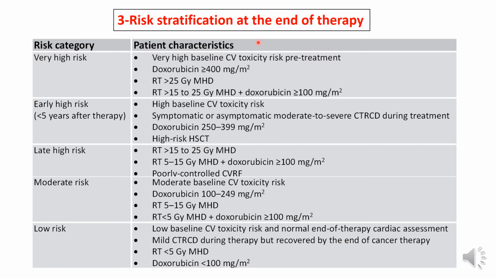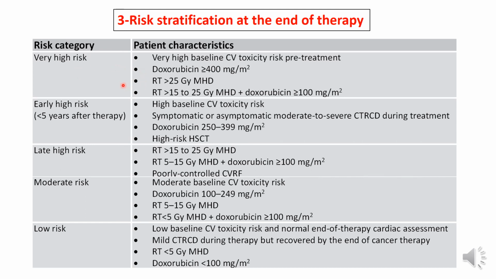For example, our patient might be at a low risk at the start of therapy, but after finishing the therapy, we find that our patient took a very high dose of doxorubicin or a very high dose of radiation. So our patient becomes stratified into a very high risk category. On the other hand, if we have a patient with a very high risk at baseline, he's still at a very high risk in the long term.